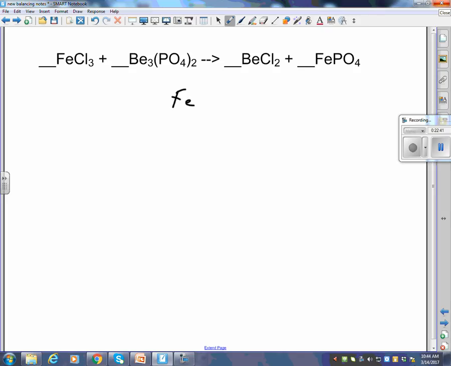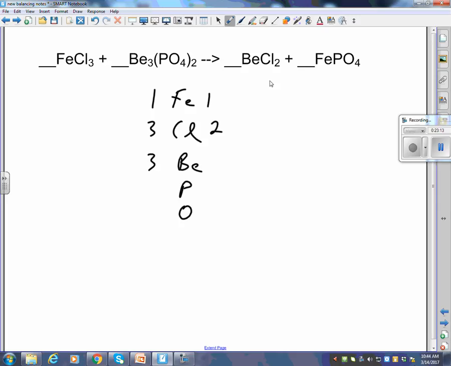So you write down what you got. You got Fe's, you got Cl's, you got Be's, you got P's, and you got O's, right? You got lots of atoms here. How many Fe's on the left? Just one. How many on the right? Oh, that's good. How many Cl's on the left? 3. Only? Not good. How many Be's?